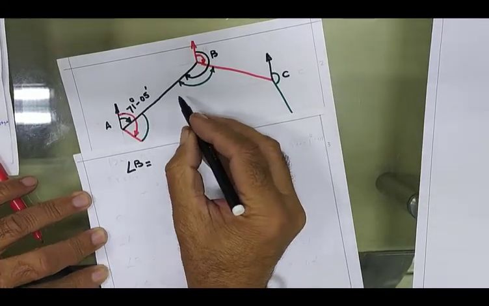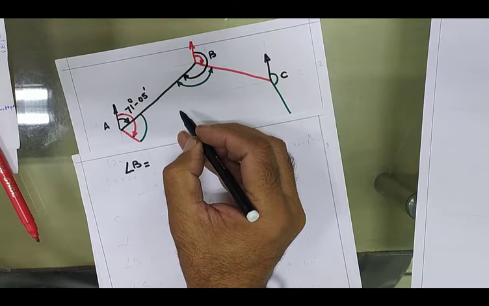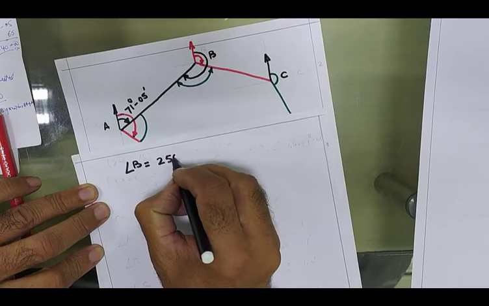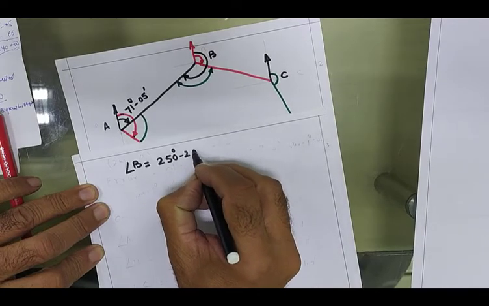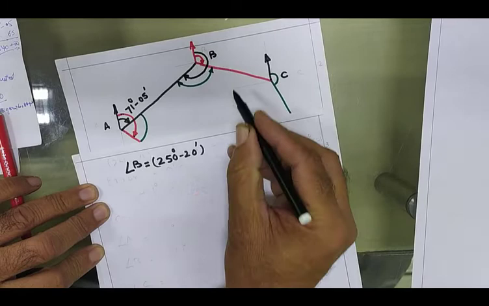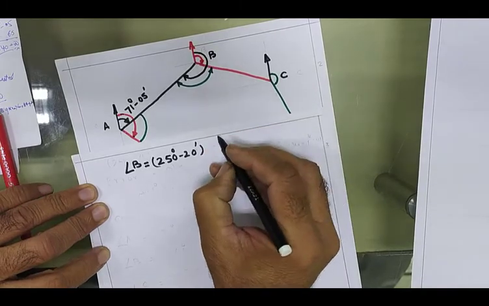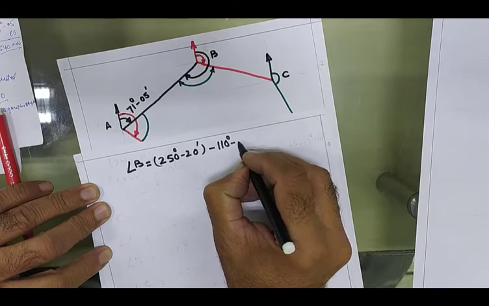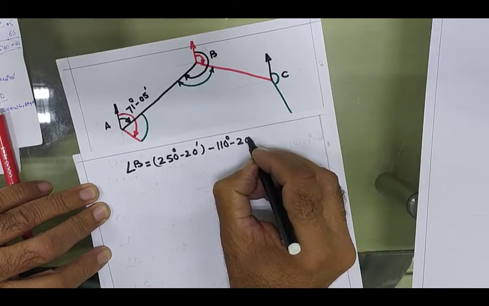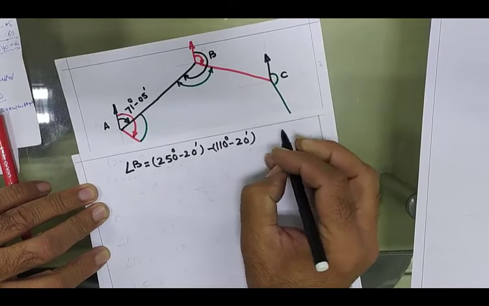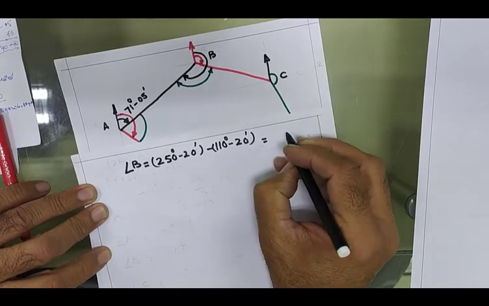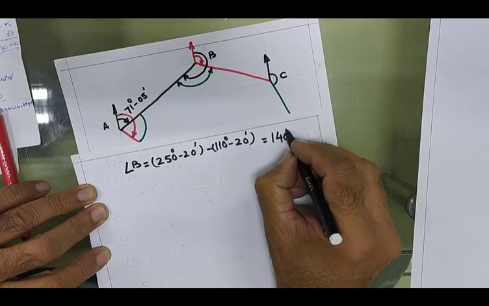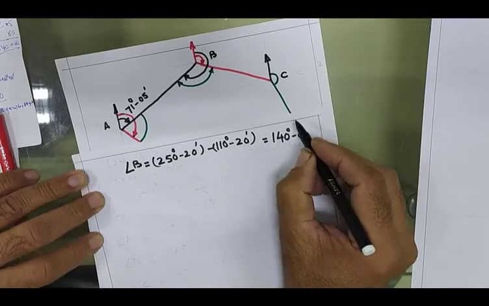So the back bearing of line EA is given as 250 degree 20 minutes, minus the forebearing of line BC, which is given as 110 degree 20 minutes. So keep it in bracket. Here the angle B comes to be 140 degree 0 minute. This is the angle.